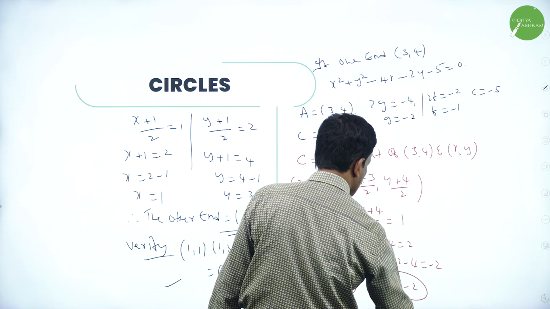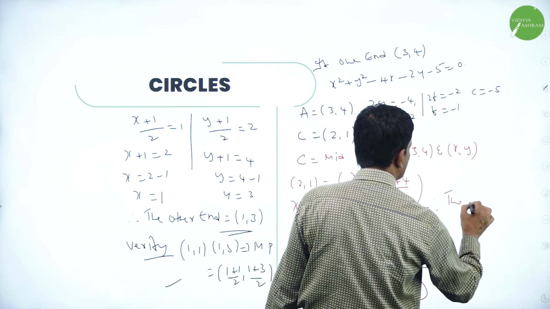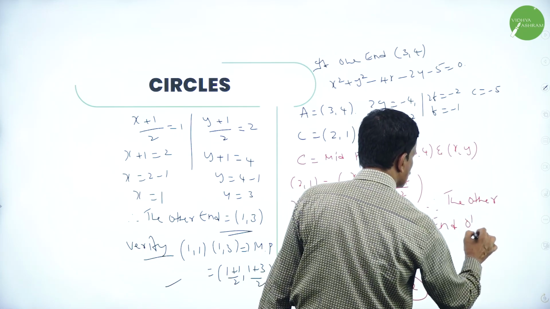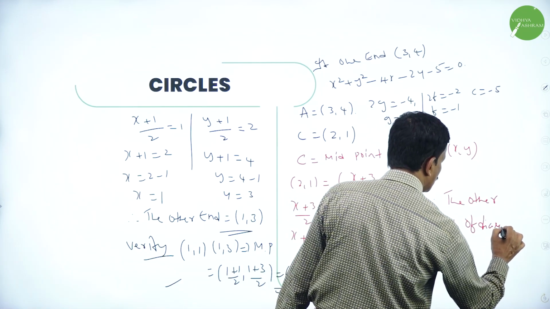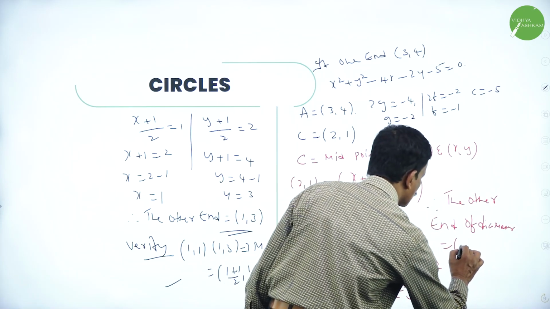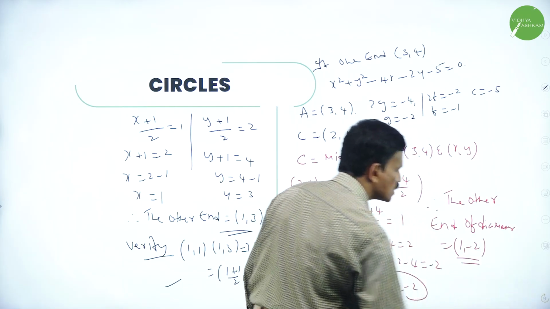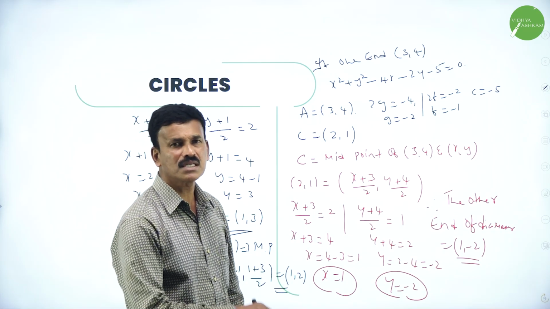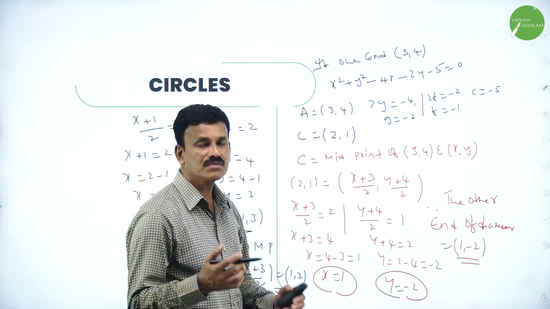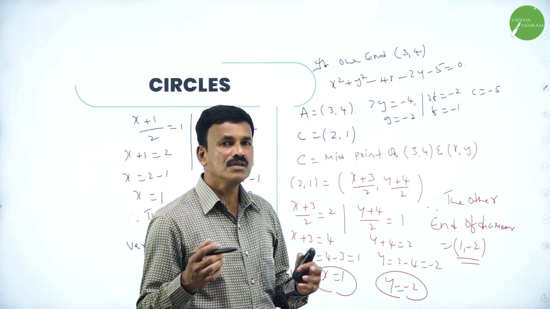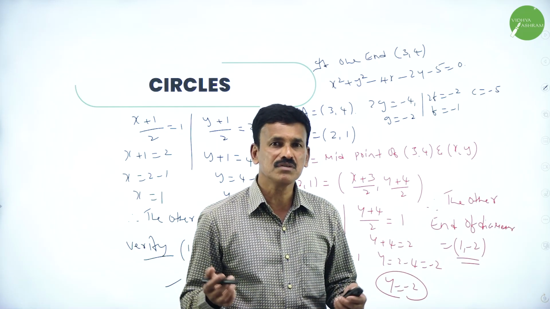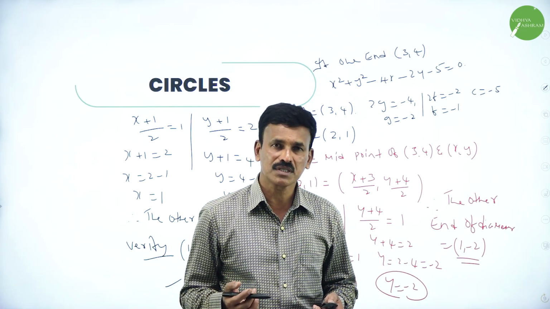Therefore the other end of the diameter is (x, y), that is (1, minus 2). This is the other end of the diameter, same as the previous problem. So this is how we are going to solve. Whenever one end of the diameter is given, find out the center and use the midpoint formula, and you will get the other end of the diameter of the circle.